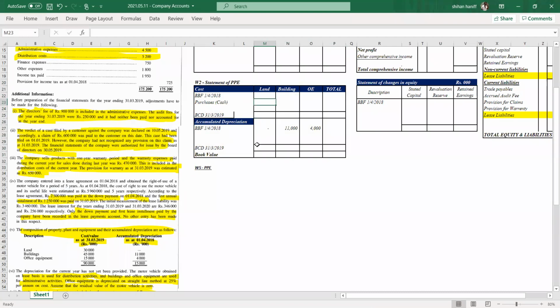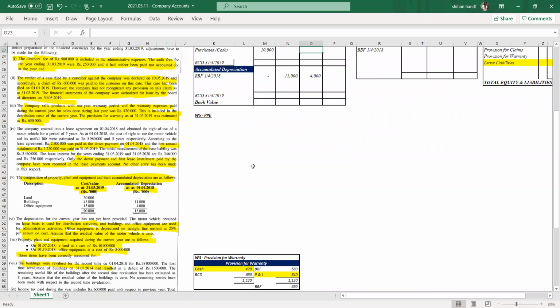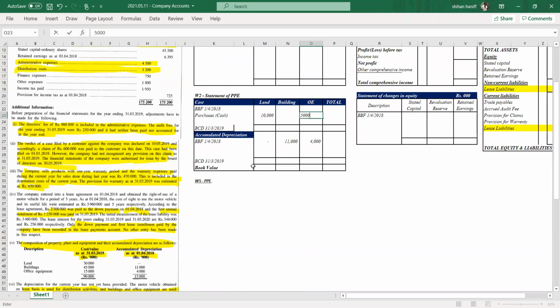There is a purchase of land, 10,000. Purchase of office equipment, 5,000. And they have given the closing balance. Land is 30,000. Office equipment is 15,000. Because these two are already adjusted, the acquisition is already recorded. Then what is the land opening balance?